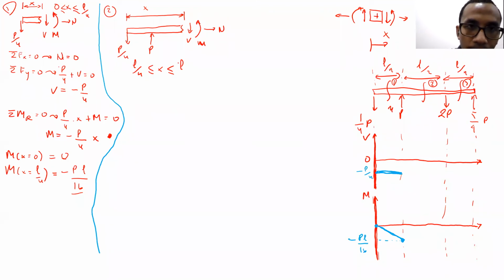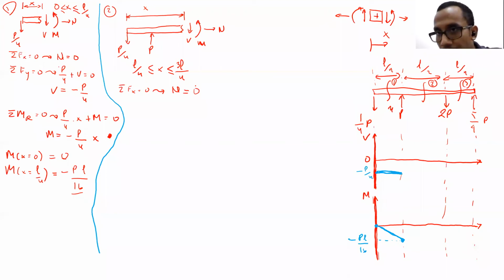Yeah, 3L over 4, like that. Okay. The same as before, using sigma Fx equal to 0, you pointed out as well, N equal to 0.